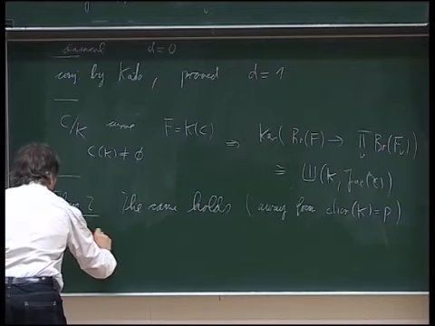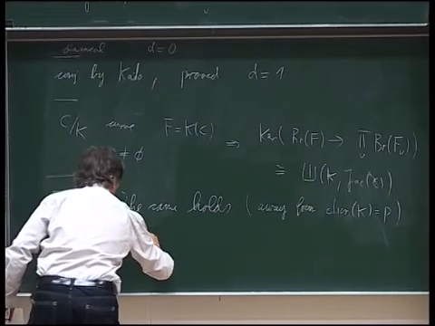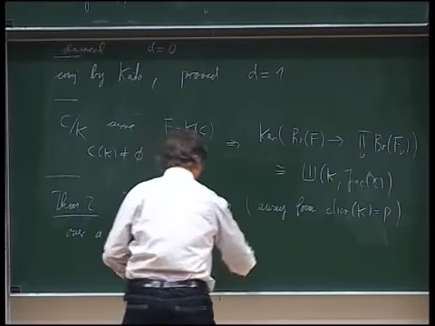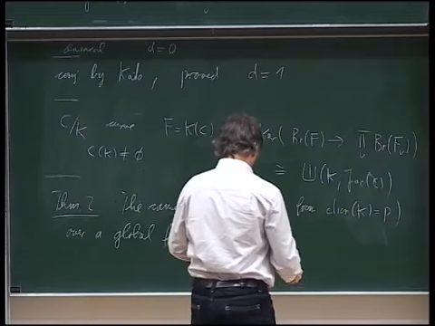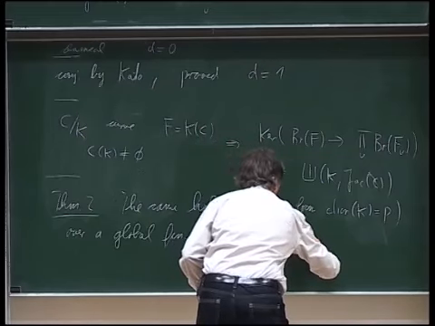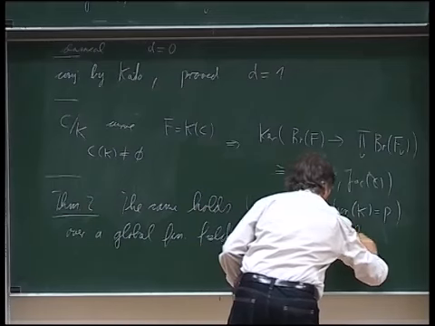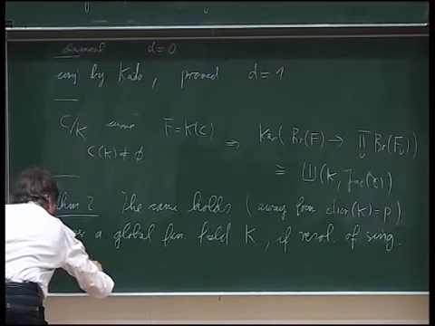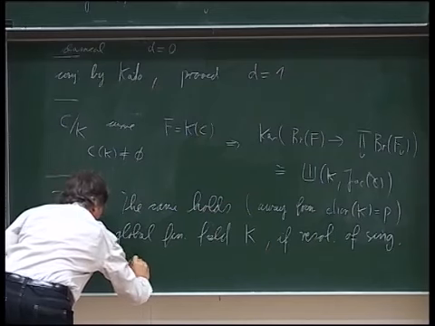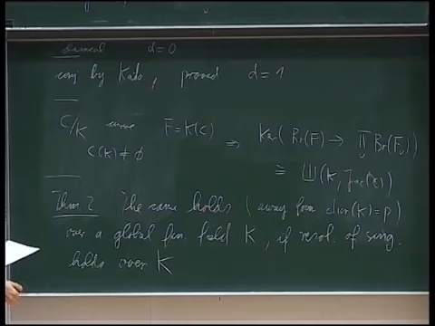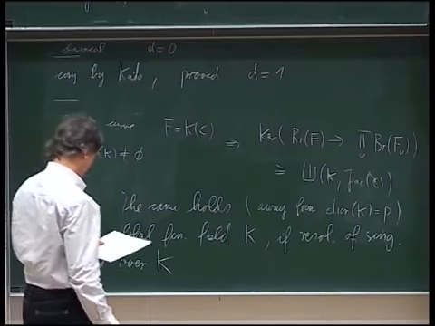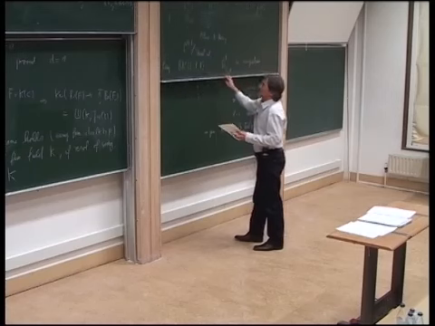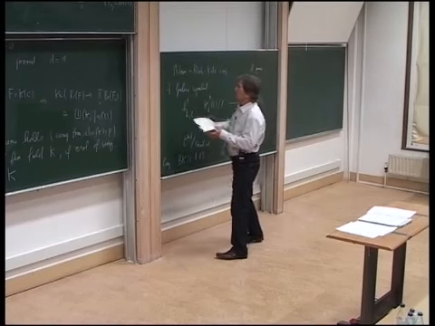Over the global function field K, if resolution of singularities holds over K. I don't want to make this too precise, a certain kind of resolution. And of course, the resolution in characteristic p is not known.